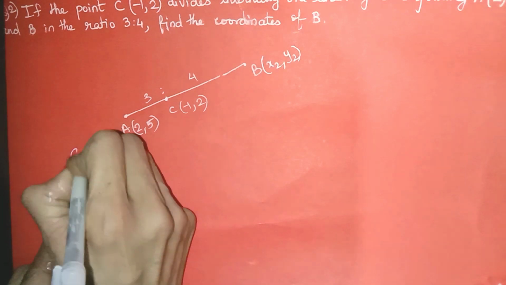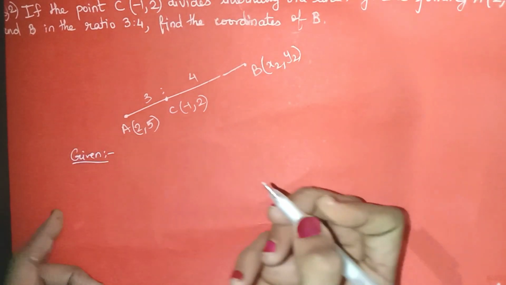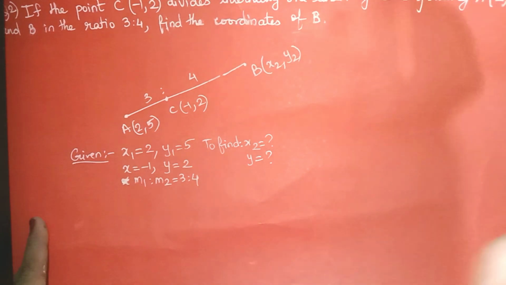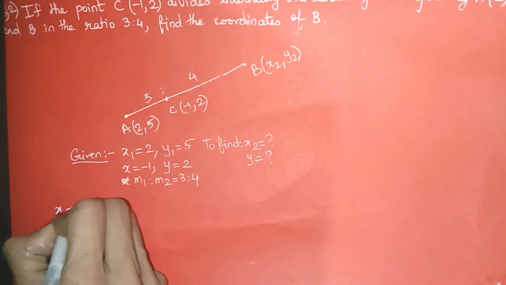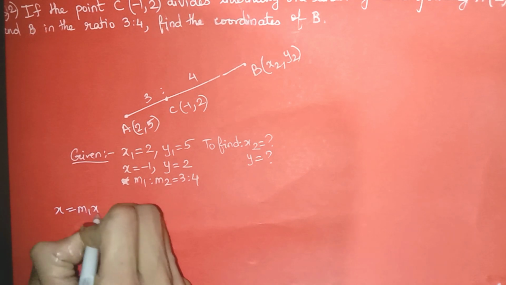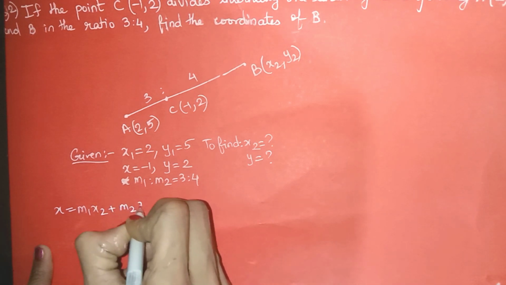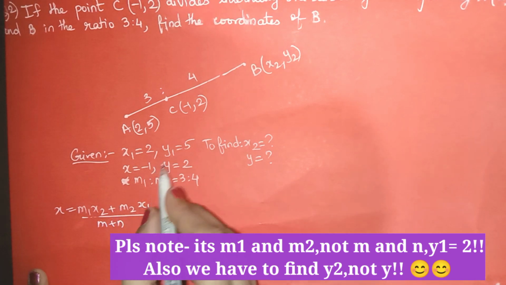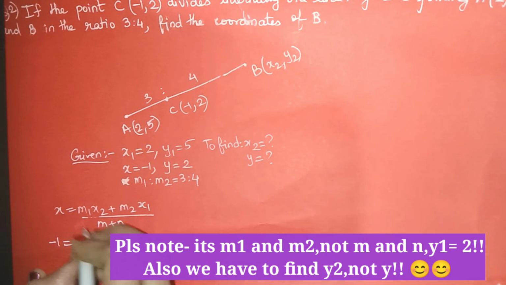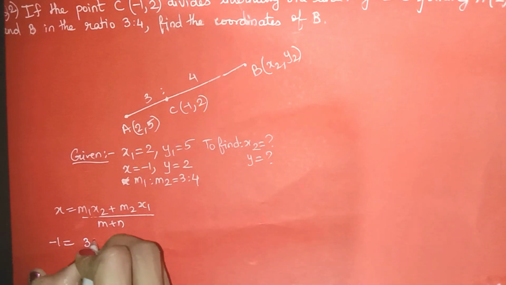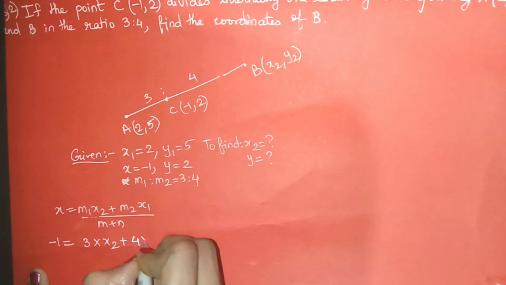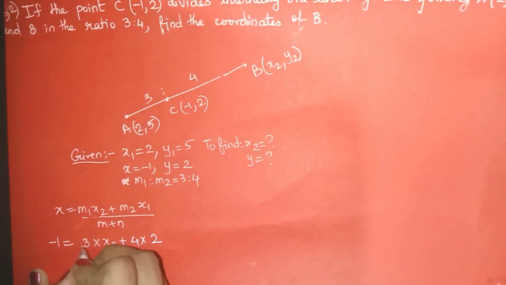Okay, so this is all the given data. So we can write given data. Let me write that quickly. Okay friends, so I have written the given data and what we have to find. So what are we waiting for? Let's apply the section formula. So x is equal to m1 x2 plus m2 x1 divided by m1 plus m2. So what is my x? Yes, it's minus 1 and m1 is 3. 3 into x2 obviously we don't know, and m2 is 4 into 2.